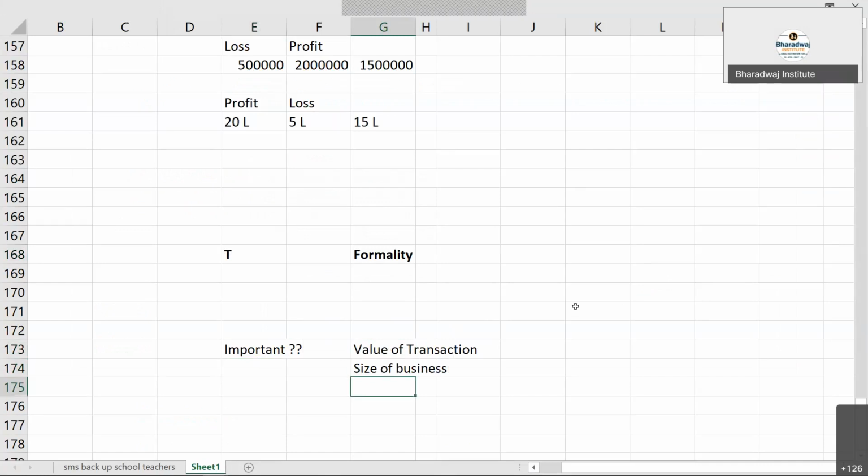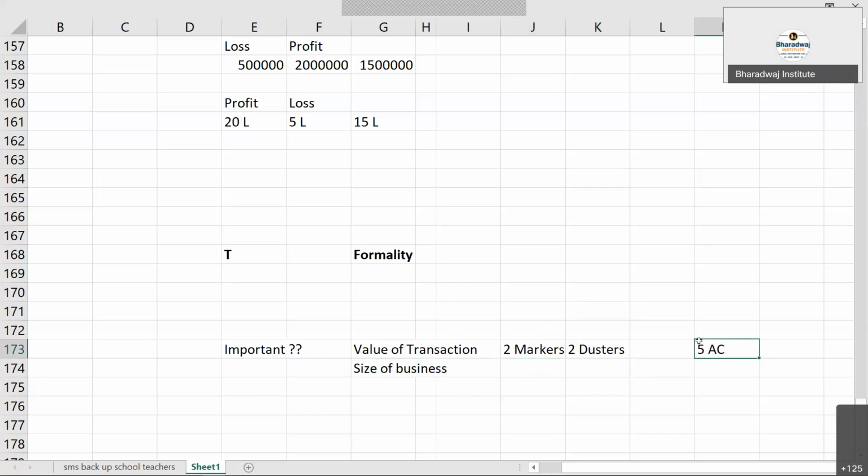Let's assume in Bharadwaj Institute Private Limited, we lost two markers, two dusters, and 5 air conditioners. Which one should be reported to the stakeholders? Loss of markers and dusters, or air conditioners?